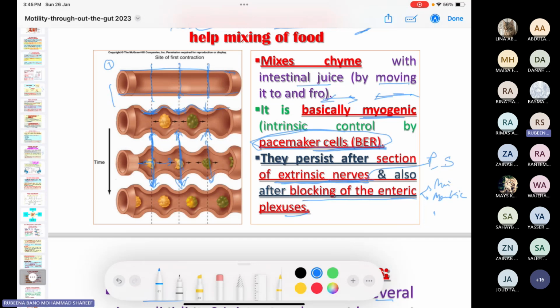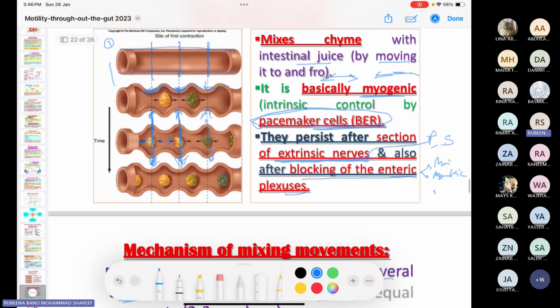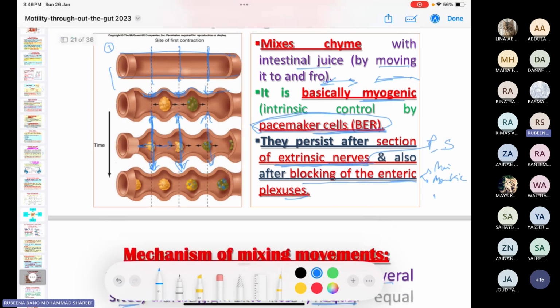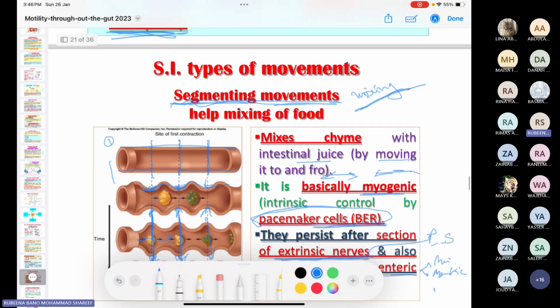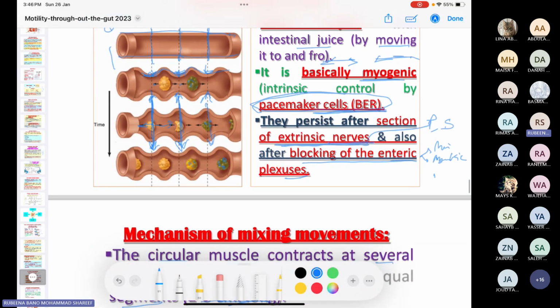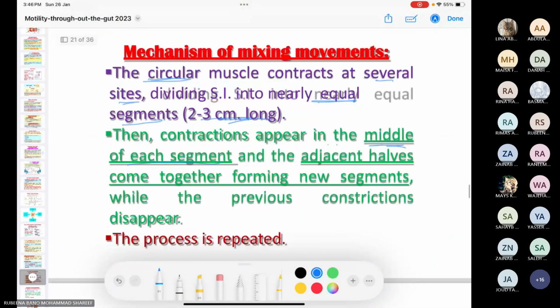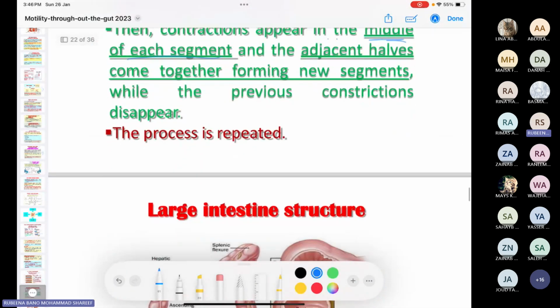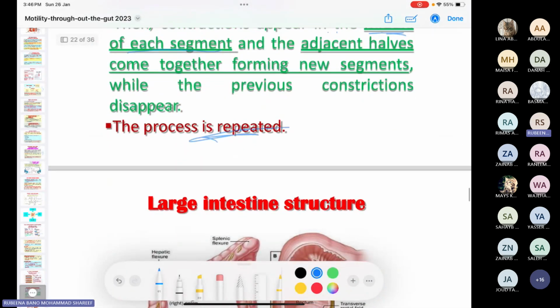See the color of the chyme, it also changes because it is getting mixed with the intestinal juice. There is no net propagation of the chyme; it remains at the same place, with to and fro movement only. There is no propulsion. Propulsion is done only by the peristaltic movement. And this process is repeated.